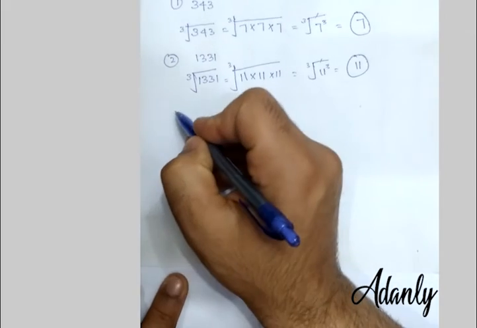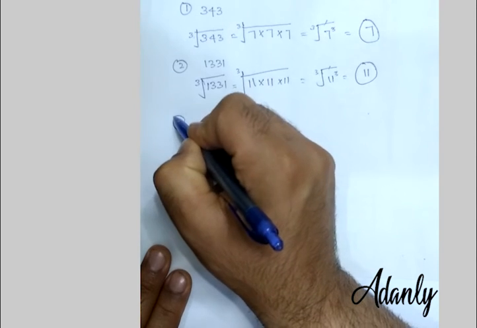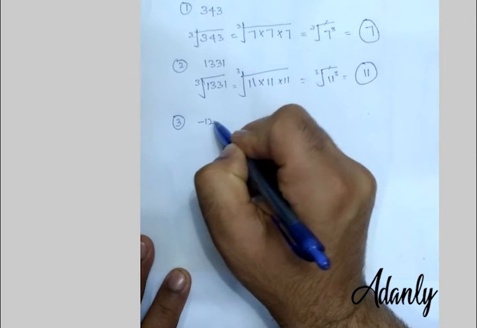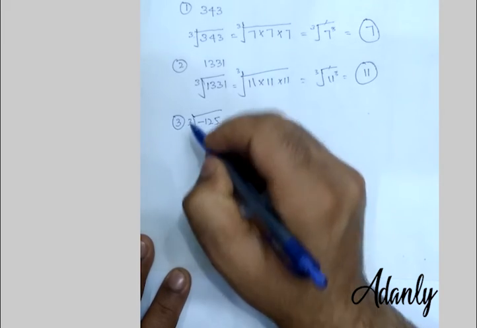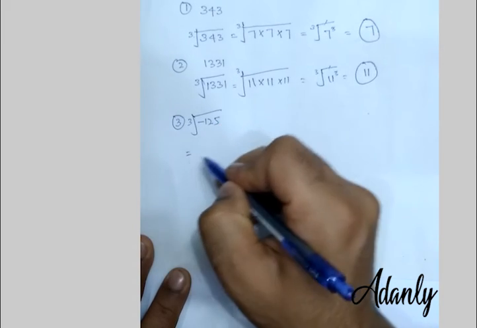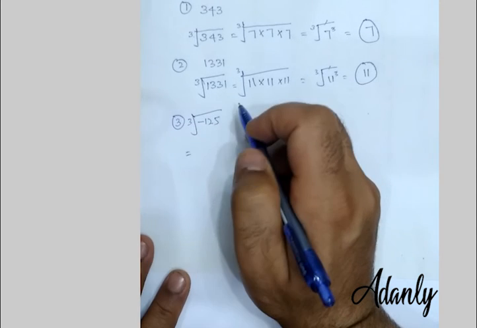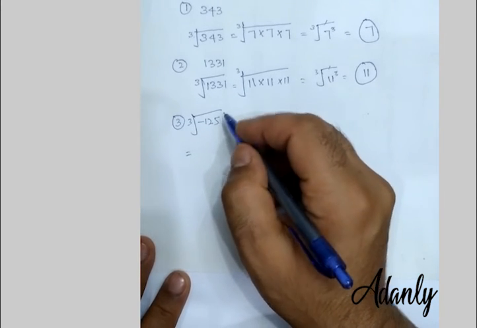Now we want to find the cube root of a negative number that might be minus 125. So we will write it as, we can think of 3 identical numbers that give us 125.